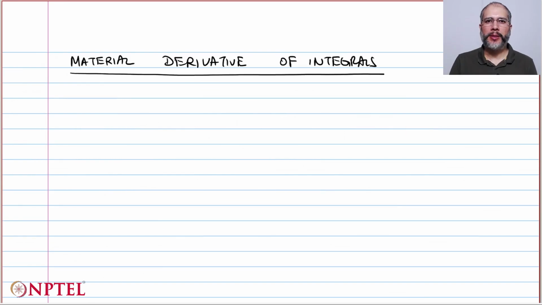We talked about the material derivative of integrals when we started our discussion with balance laws. But in that discussion, we had talked about the intensive property being a property per unit volume. We will be revisiting that by discussing what happens when the intensive property is a property per unit mass.